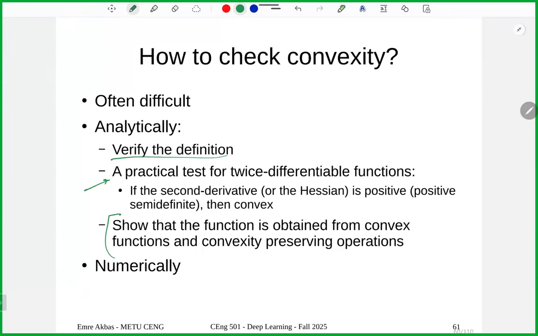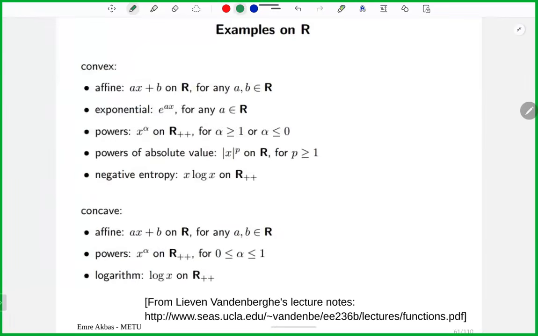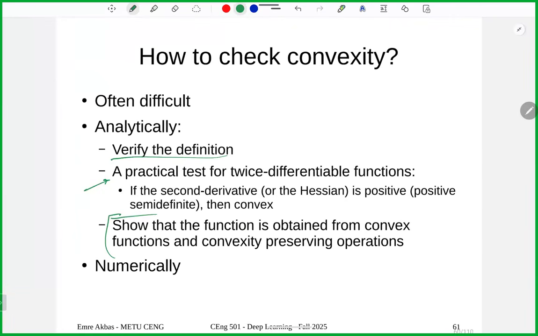This will never give you a 100% proof, but it will give you an idea whether the loss function is convex or not. I'm going to go over them very quickly. So these and upcoming two slides are about this part.